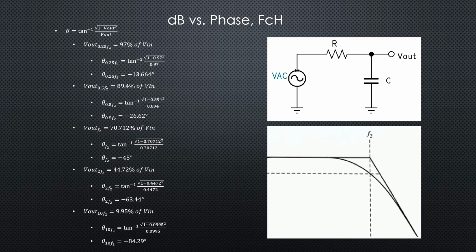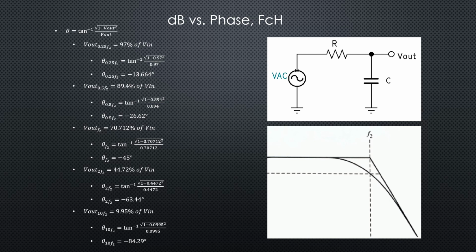And we see that at 0.25 F2, the angle should be minus 13.664 degrees. Do the same math for the 0.5, we get minus 26.62 degrees. At our cutoff frequency F2, we would expect minus 45 degrees, and we've got 45 degrees with this math.